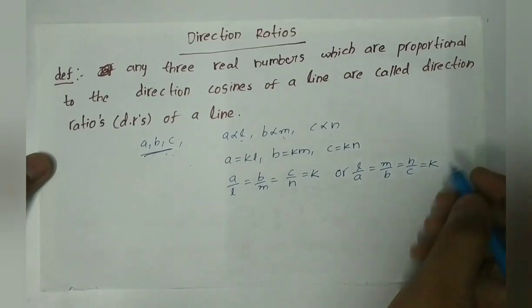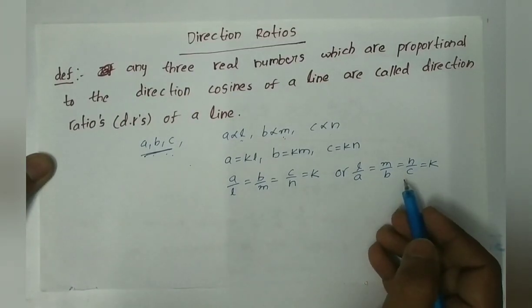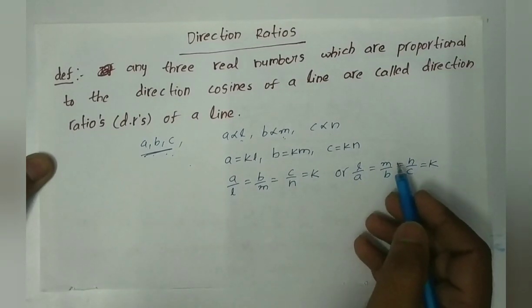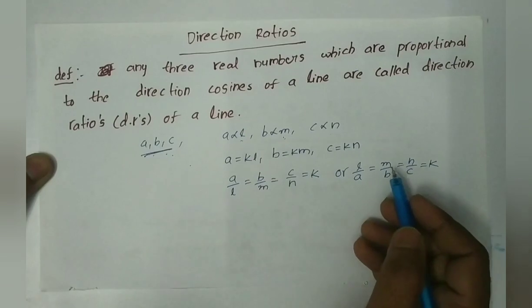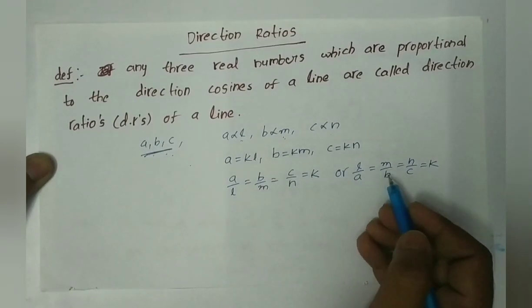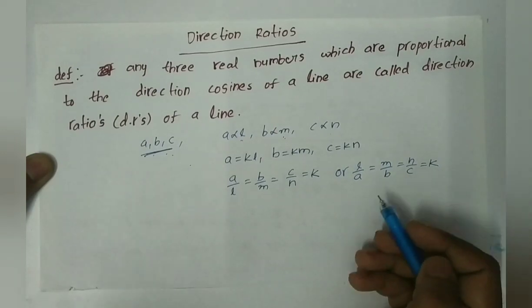That is, if a, b, c are direction ratios of the line and l, m, n are direction cosines of the line, then l by a equals m by b equals n by c.